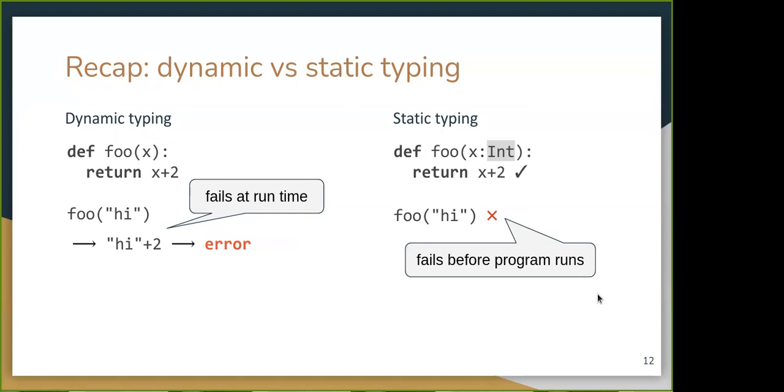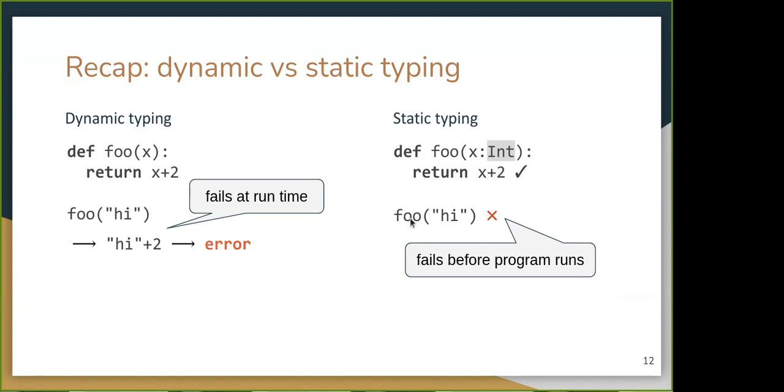So you have an error, but it happens at runtime when you run the program. When we talk about languages with static typing, the idea is we want to statically approximate the behavior of a program and predict what kinds of values it's going to compute. And then by knowing these approximations, we can statically, without running the program, rule out certain bad behaviors.